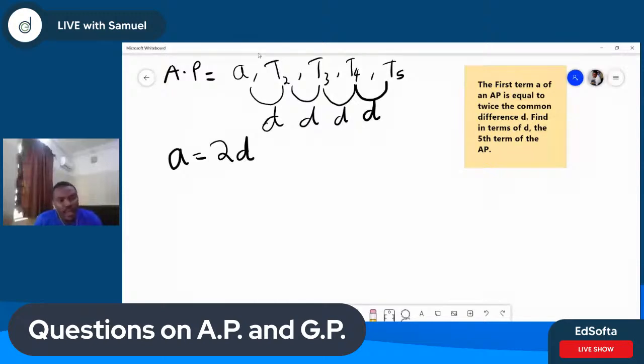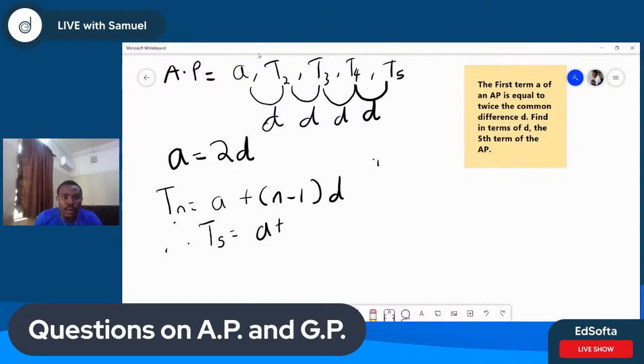Now everybody, you know that Tn is equal to A plus n minus 1 d. Now they want us to find the fifth term, that's T5. Therefore, T5 will be equal to A plus 5 minus 1 d, which is A plus 4d.